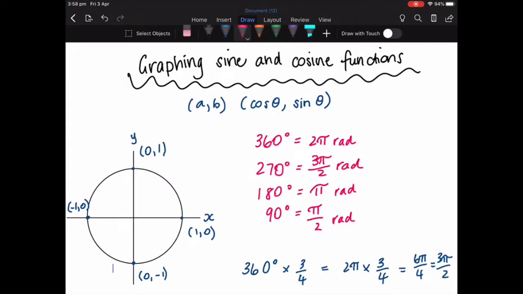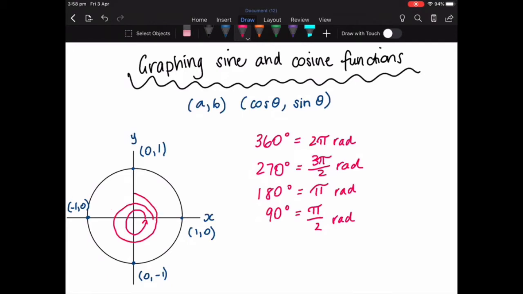Now, let's also just go a little bit further. So we know that 2 pi radians is all the way around, but what would it be if we went all the way around and another 90 degrees, okay? So 360 plus 90 is 450 degrees, okay? So what would that be?